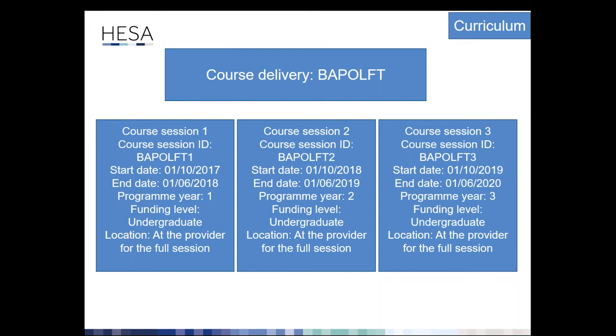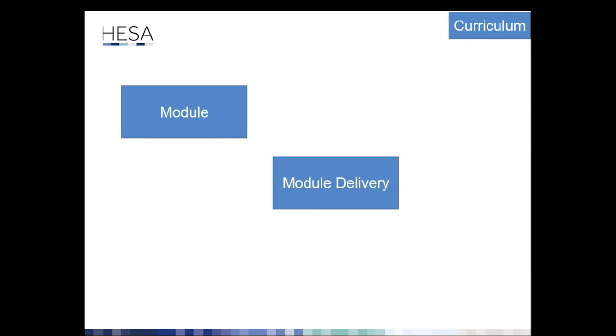The module data is set up in a very similar way. So you also have a module and a module delivery in the same way as you had a course and course delivery. So the concept is the same in that a module does not exist at a specific time, and it's a persistent entity over time that can have multiple deliveries associated with it, where that module is delivered could be over several years, depending on how long those modules run for.